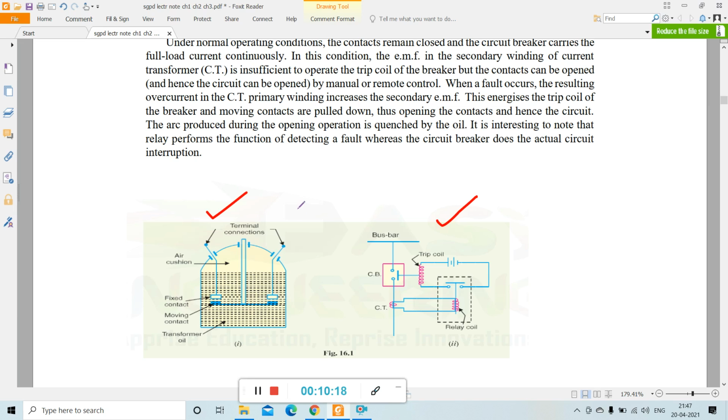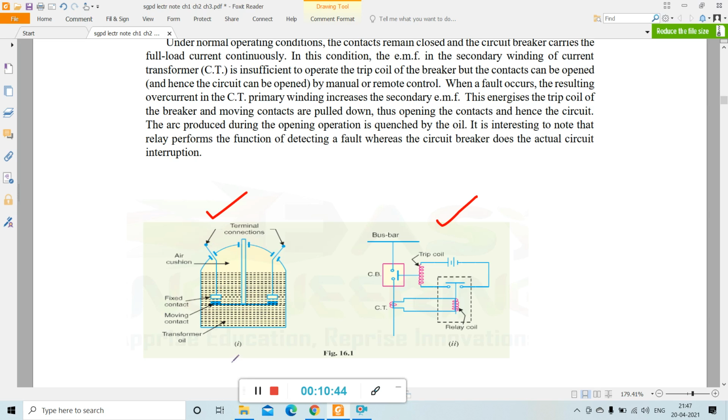See, under normal operating condition the contacts remain closed. These are the contacts. The contacts remain closed and the circuit breaker carries full load current continuously. So in this condition the EMF in the secondary winding of the current transformer is insufficient to operate the trip coil of the circuit breaker, so the contacts remain closed.